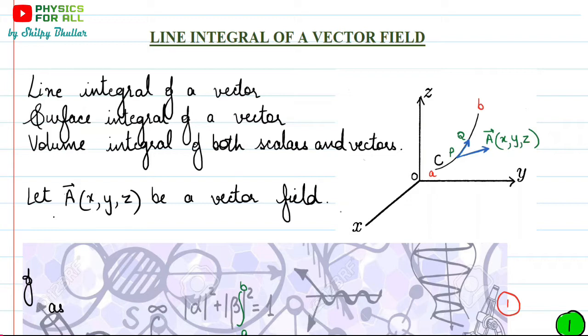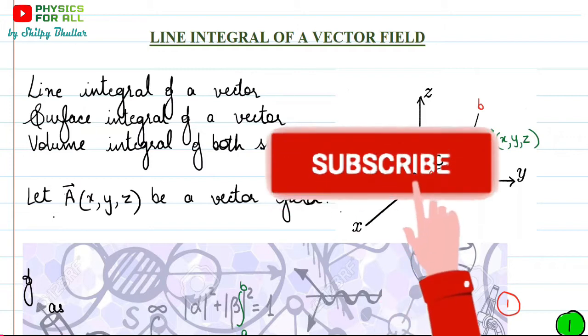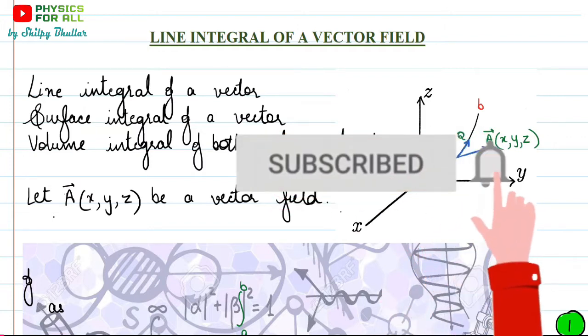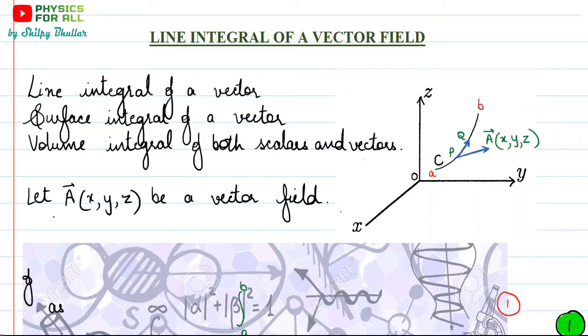There are three kinds of integrals that we use in vector analysis, especially in physics whenever we deal with integration. So there is line integral of a vector, surface integral of a vector, and volume integral of both scalars and vectors.